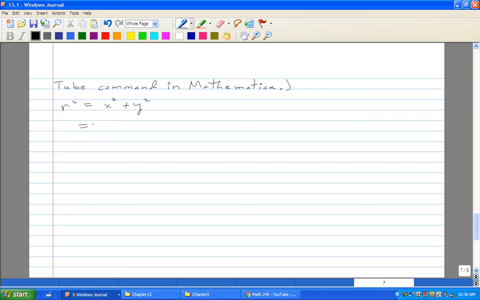Well, x is 2 plus cosine 1.5t times cosine t, so let's square this. y is 2 plus cosine 1.5t times sine t, so again, let's square this also.